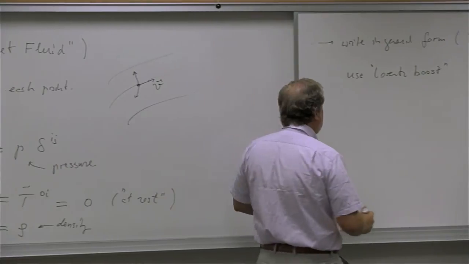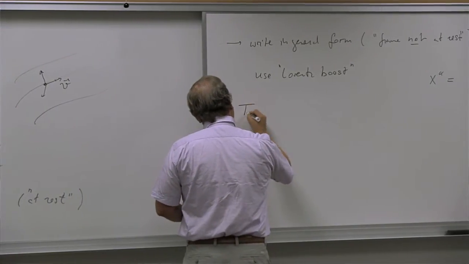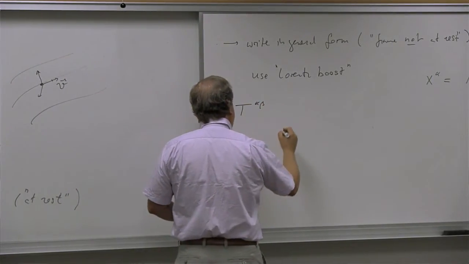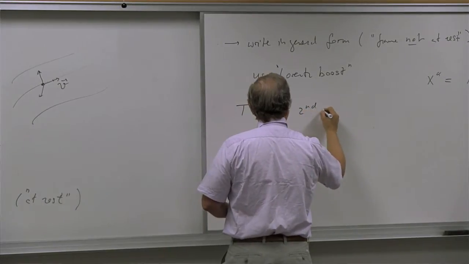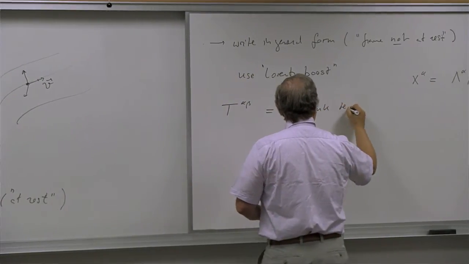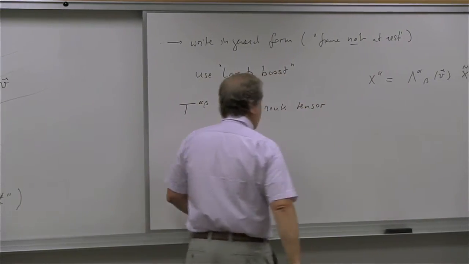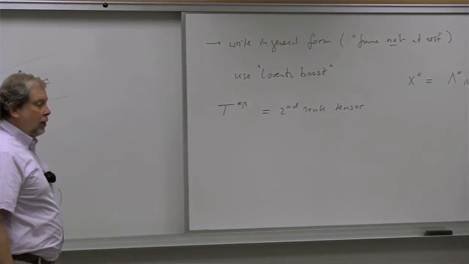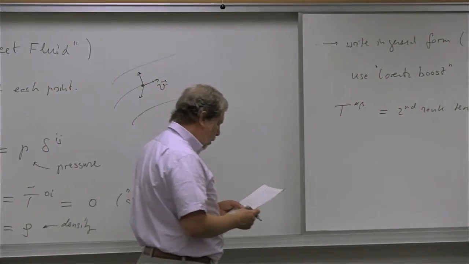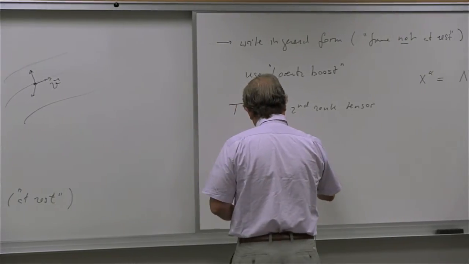Right? So now in our case, the issue is that T^αβ is a second rank tensor. So that means that we have to have two of those lambda matrices entering into the Lorentz transformation property.